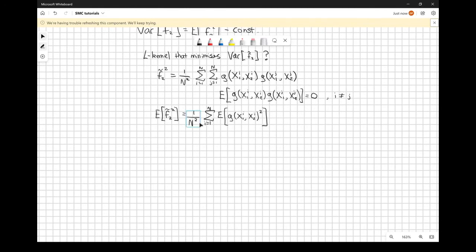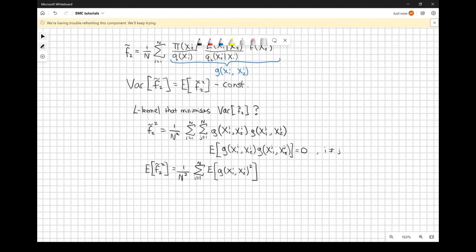So that's what we've written here: the expected value of g evaluated at sample i multiplied by g evaluated at sample j is equal to 0 if i is not equal to j. So that means we can write our expected value of the estimate squared as just the summation of the expected value of g evaluated at sample i squared. In other words, we're only considering the terms in this double summation where i is equal to j.